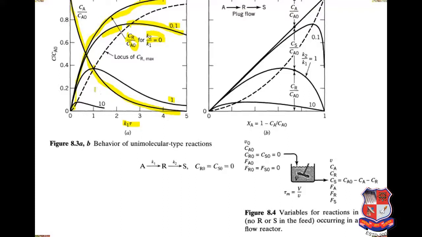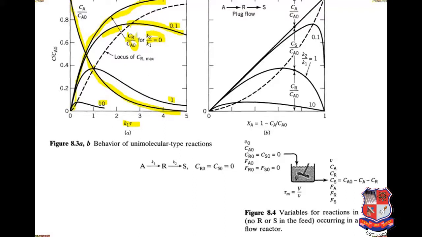And if it increases to 10, when K2 is 10 times K1, then definitely your maximum R is going to be hardly 0.05 or so. That is the interesting aspect. As the second reaction becomes faster, the maximum possible concentration of R decreases substantially.